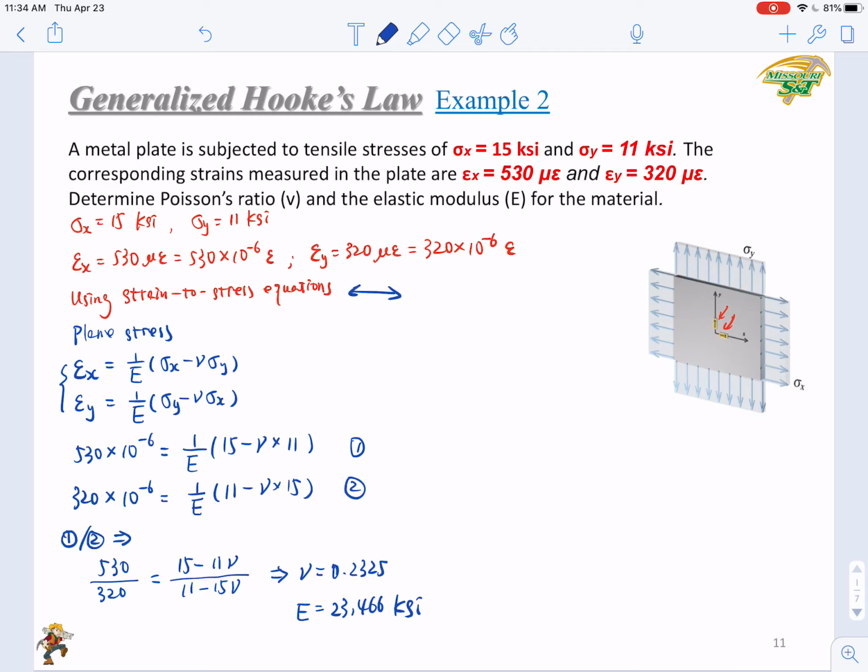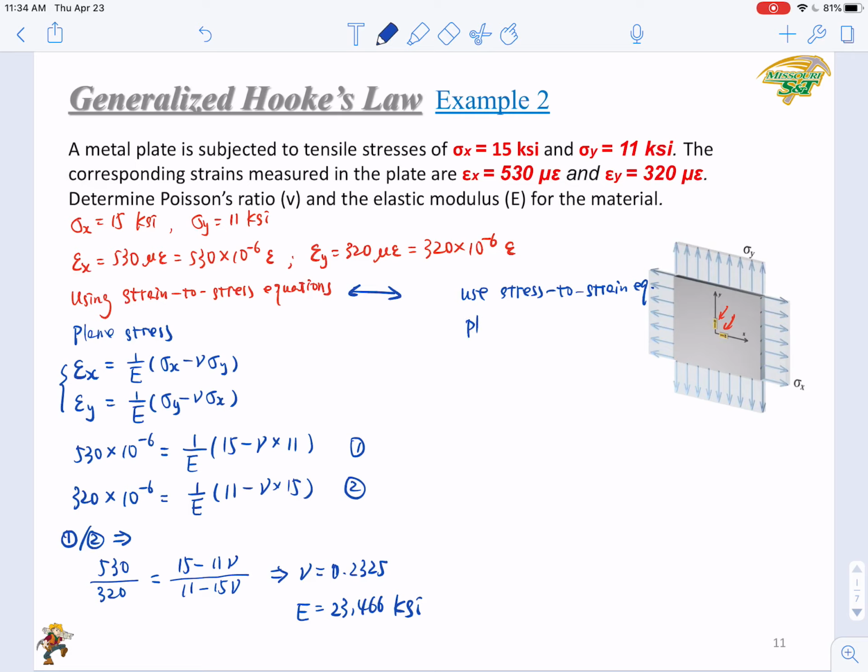So you can use the stress to strain equations. Right.